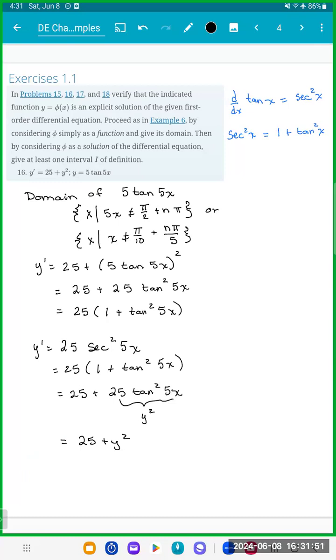So we have shown that we have an interval of definition for this solution, and that is negative pi over 10 to pi over 10. It could also be pi over 10 to 3 pi over 10, and so on.